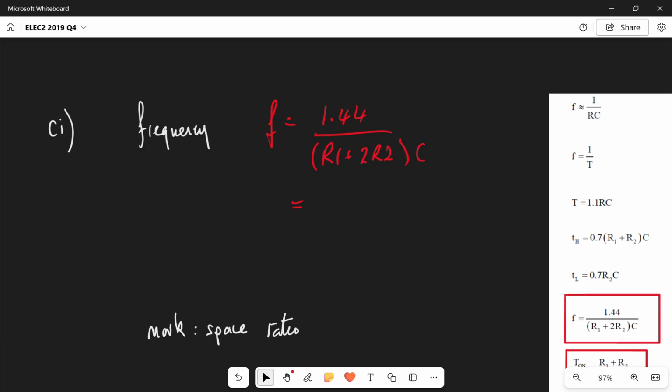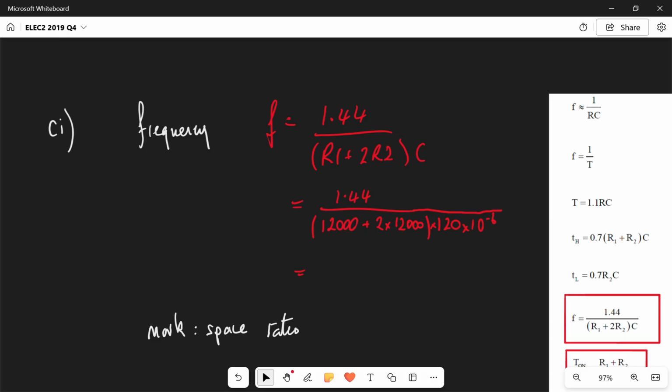Well, we're lucky as far as this question is concerned. Both of them are 12k, so we're going to have 1.44 divided by 12,000 plus 2 times 12,000, all in brackets, times 120 times 10 to the minus 6.